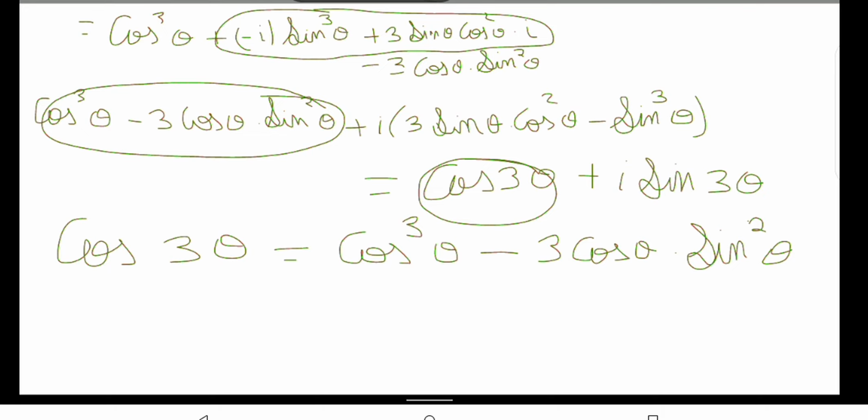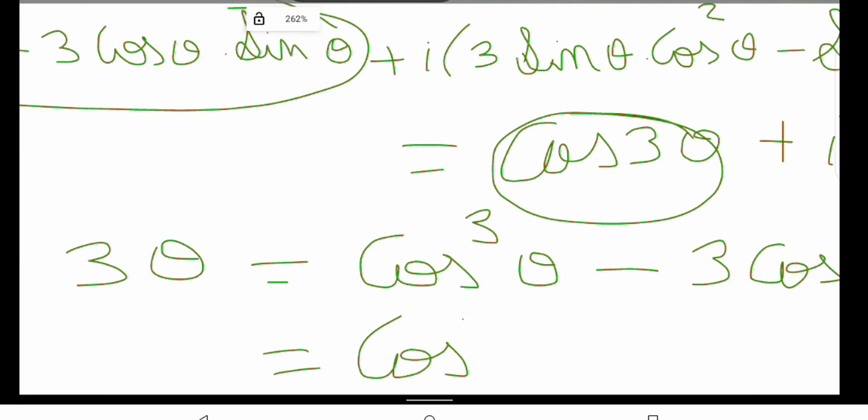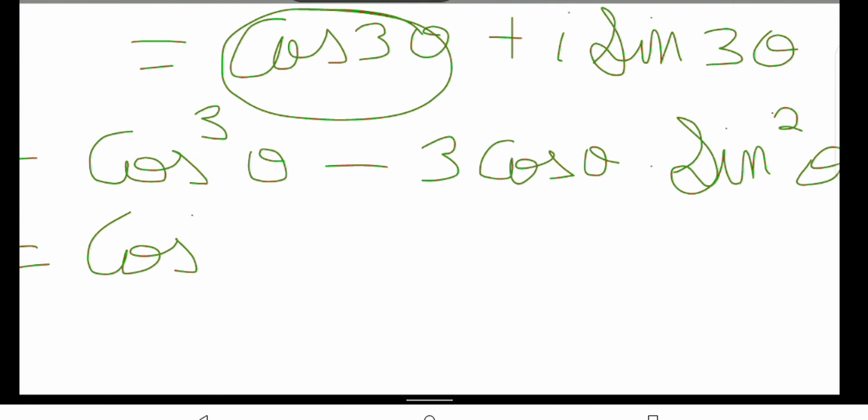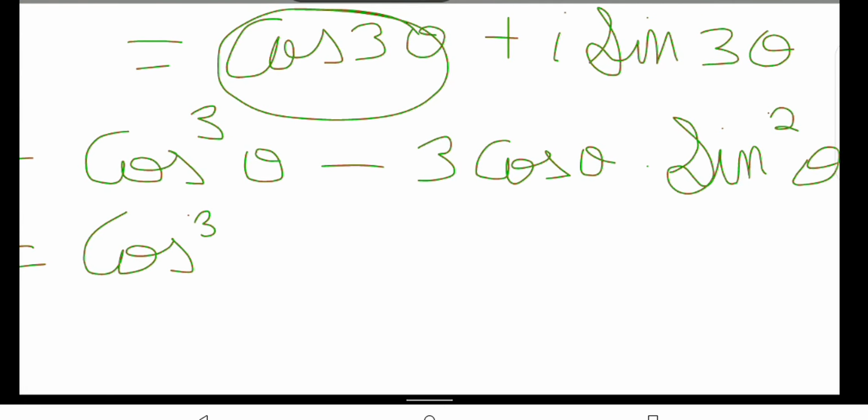And also, let's simplify this expression or write everything on the right hand side in terms of cos. Cos cube theta as it is. Let's write this expression totally in terms of cos. Cos cube theta minus 3 cos theta, sine square can be written as 1 minus cos square theta.